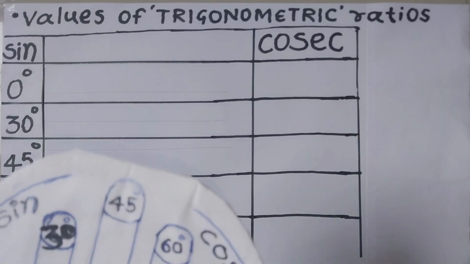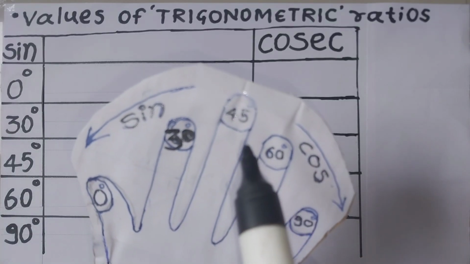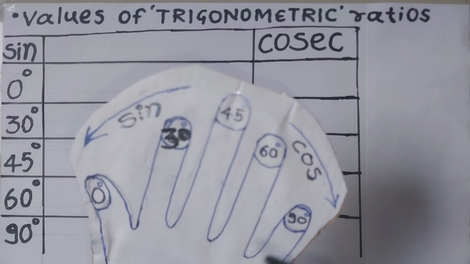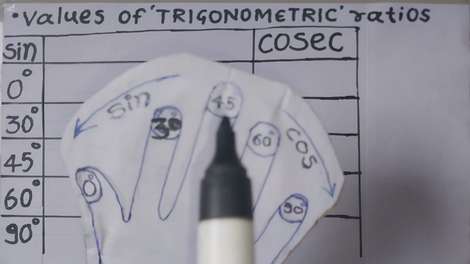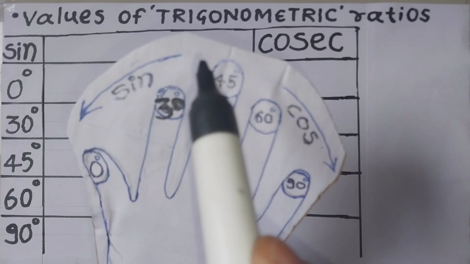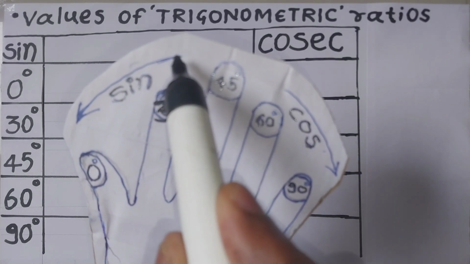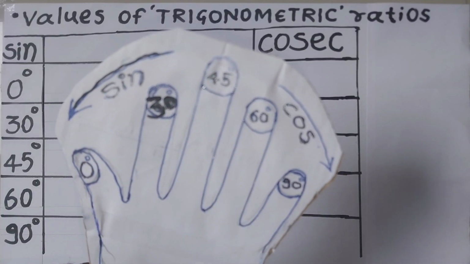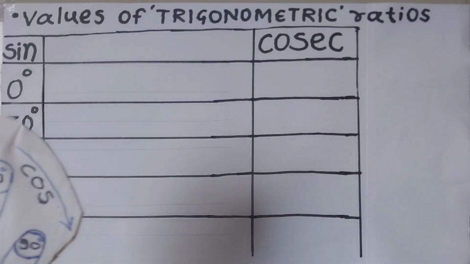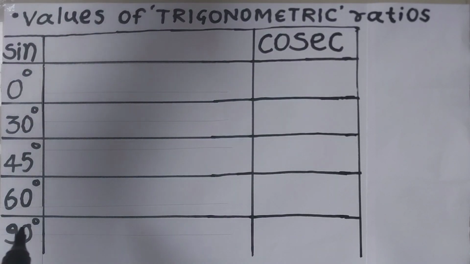When we find the values of sine 0, sine 30, sine 45 etc., look here carefully, we count fingers anti-clockwise this way.